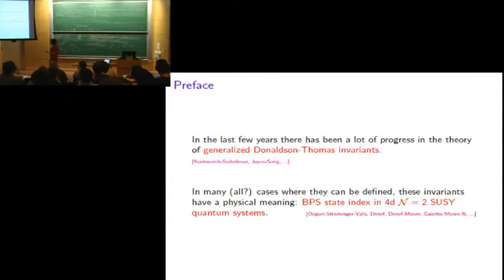They are a kind of BPS state index which is counting states in a 4-dimensional quantum mechanical system with N=2 supersymmetry. And so over the last couple of years, there's also been a lot of progress, parallel to this mathematical progress, on these BPS state indices by many people.